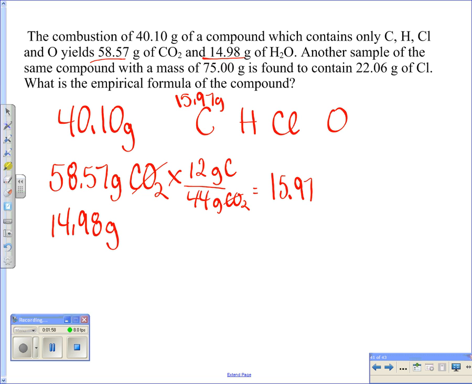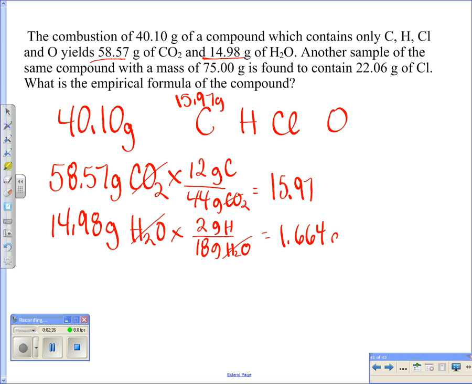grams of water. So again, looking at the compound, I know that in water, if I look at the molar masses, there's 2 grams of hydrogen for every 18 grams of water. So when you work that out, 14.98 divided by 9, which is 18/2, I get 1.664 grams.